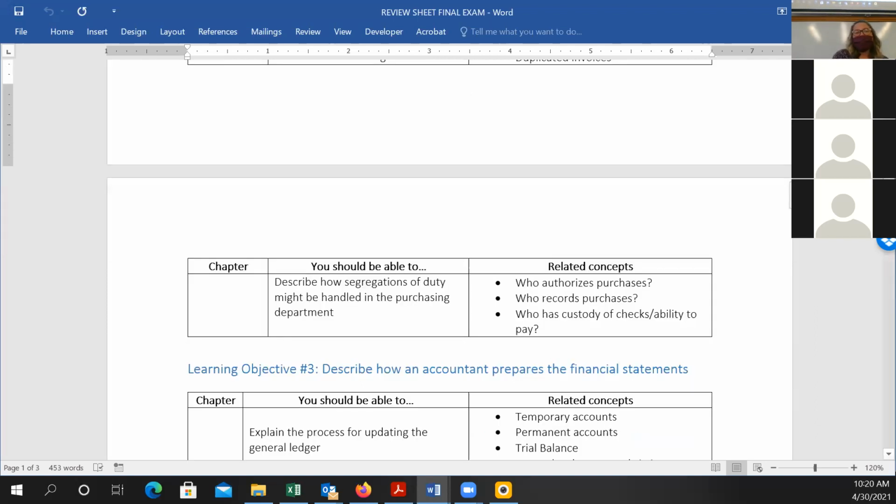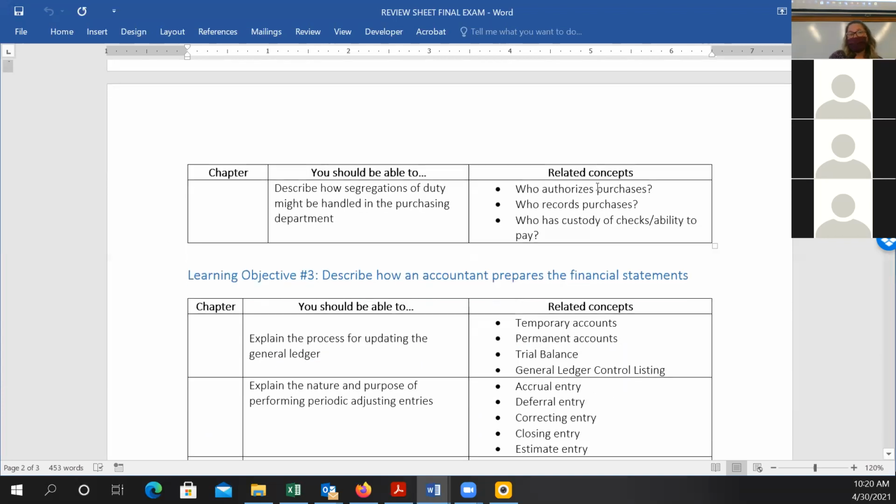This final one, you have a couple of multiple choice questions about segregation of duties in the purchasing department. Specifically, you should be able to, from those process flow diagrams in your reference book for this, as well as the PowerPoint slides, say which function authorizes the purchases.